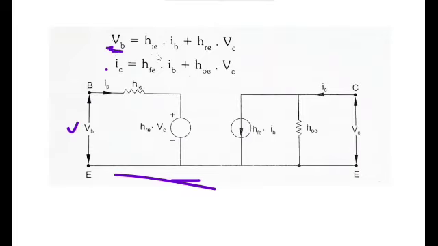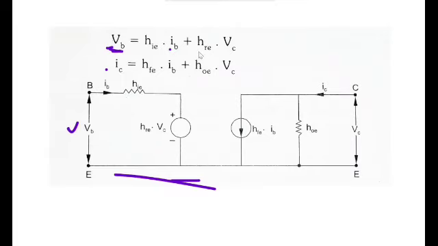In H11, it is HIE, the input impedance in emitter configuration, and H11 into I1. Here I1 is IB, that is the base current, the input current, so it is written as HIE into IB.